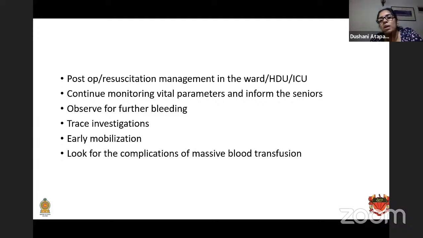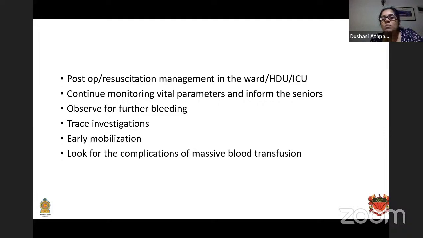So you can manage these patients in the ward, in the acute side. You have to monitor them closely for improvement of the vital parameters, and to see whether they will start bleeding again, right? Observe for further bleeding, and then don't forget to trace the investigations.